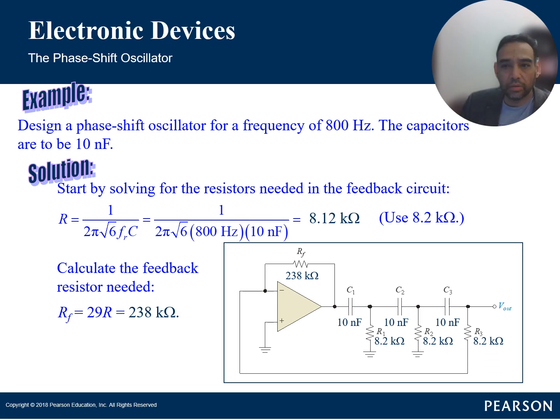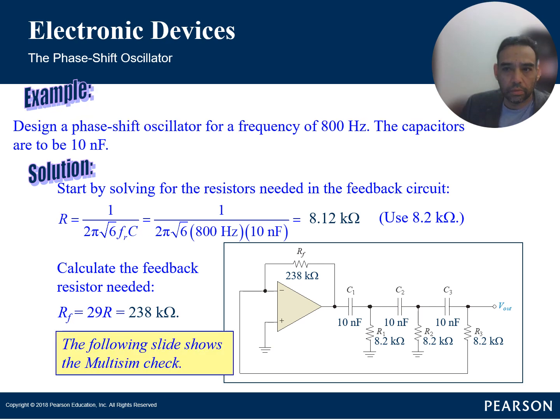And here's what the circuit will look like: 238 kilo ohms for the feedback resistor, 8.2 kilo ohms for the resistor in the RC network. And that's it. The following slide shows the Multisim check.